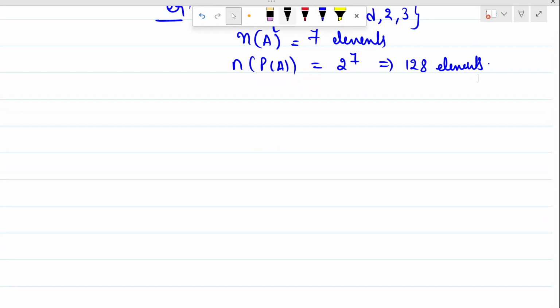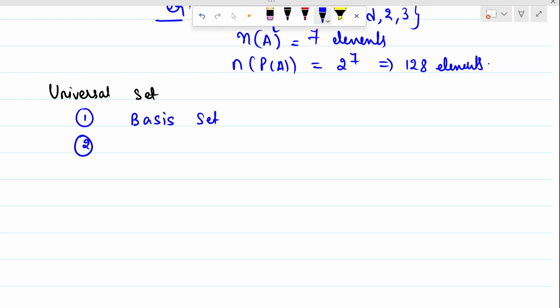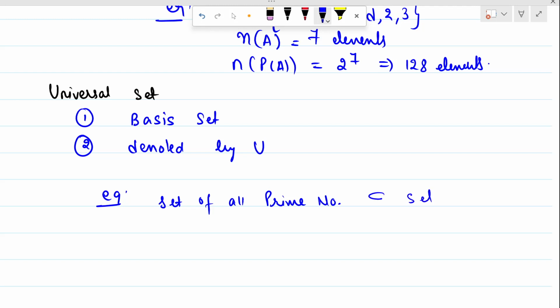So this was about power set. Next we have the universal set. A universal set is a basis set, and it is denoted by U. For example, we have the set of all prime numbers, which is a subset of the set of all natural numbers.